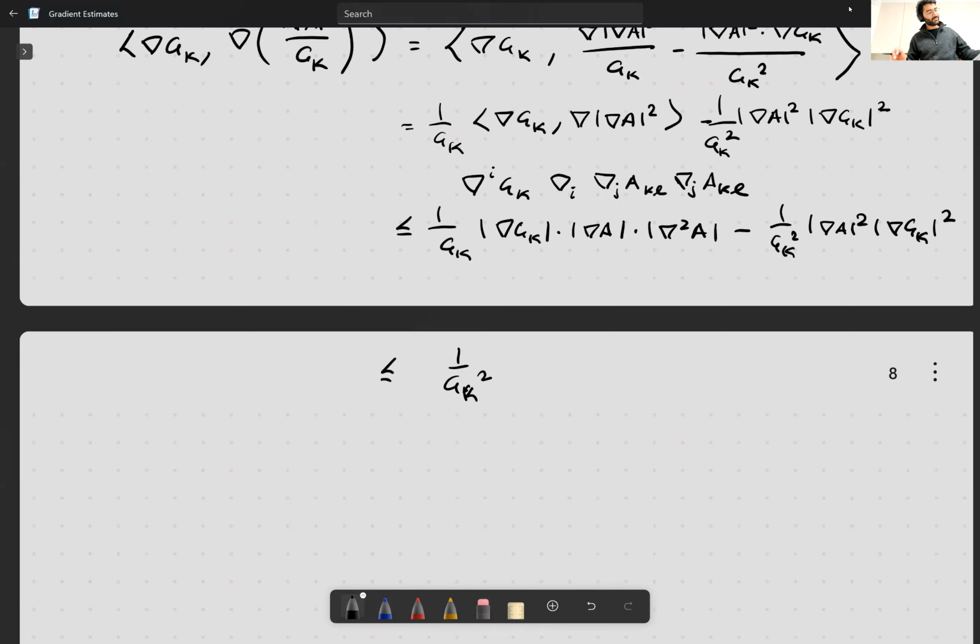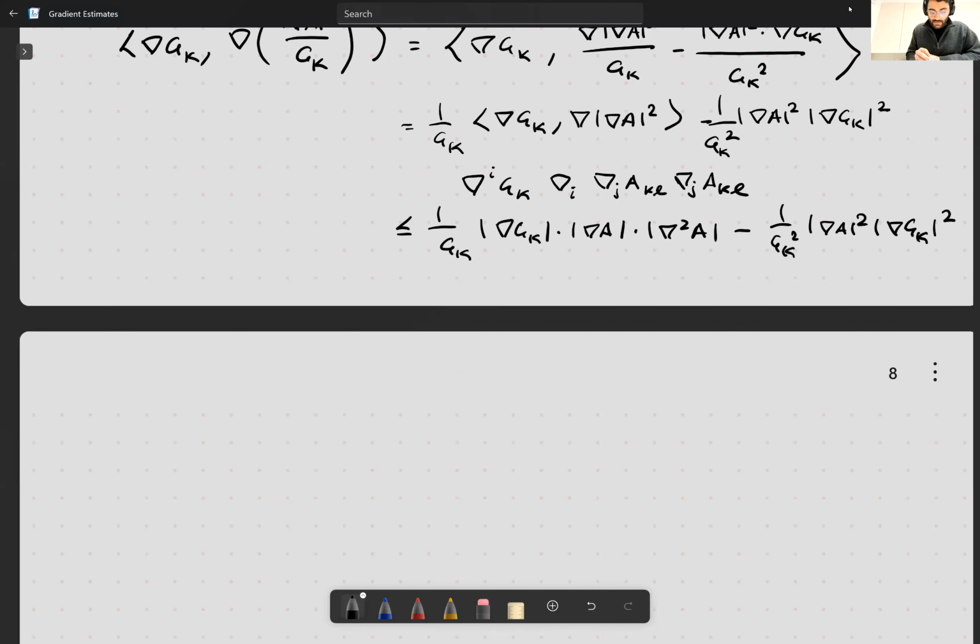Sorry, I'm just trying to look at my notes, and I just made a mistake in my notes. I'm trying to figure out what it should be. I see, okay, that's what I need to do.